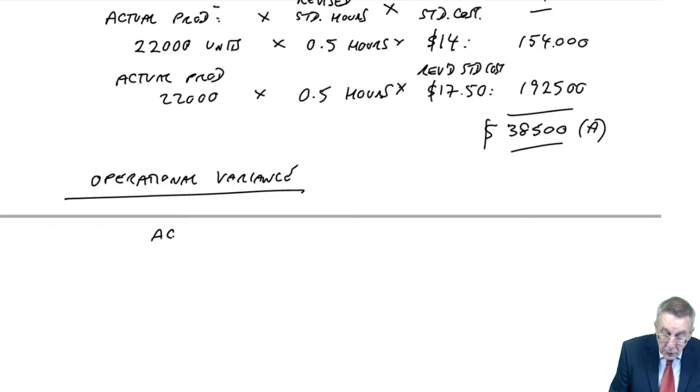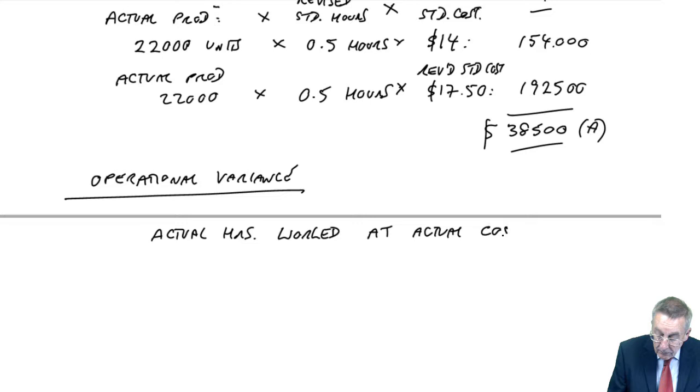And so how did we do it with basic variances? We took the actual hours worked at actual cost. How many hours did we work? 11,400. How much did it actually cost? 15.50.